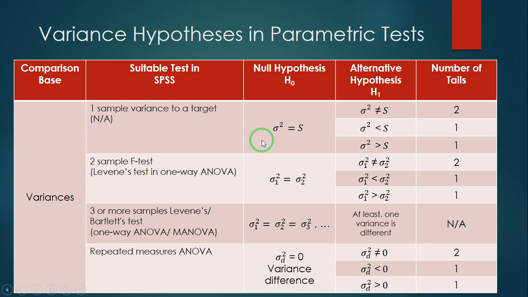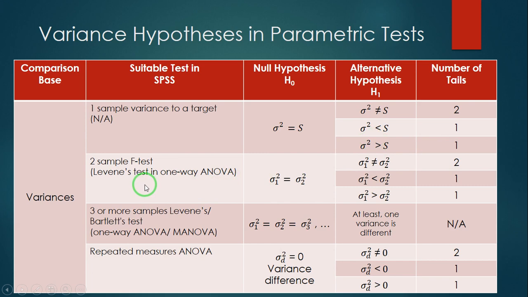And the null hypothesis in this case assumes that the variance of that sample equals the specified variance value. And the alternative hypothesis could be that variance is unequal to this specified value, which is a two-tailed test, or variance of the sample is smaller or greater than the specified value, which are one-tailed tests.